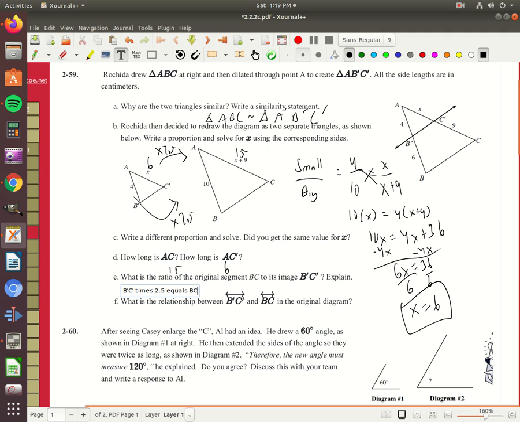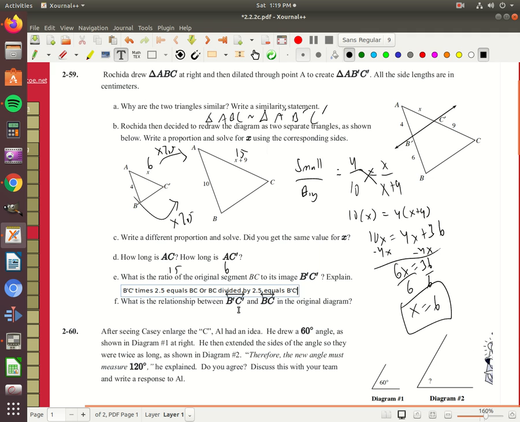That's how we do that. Or if we work backwards, BC divided by 2.5 equals B prime C prime. It just depends if you're going from small to big or big to small.